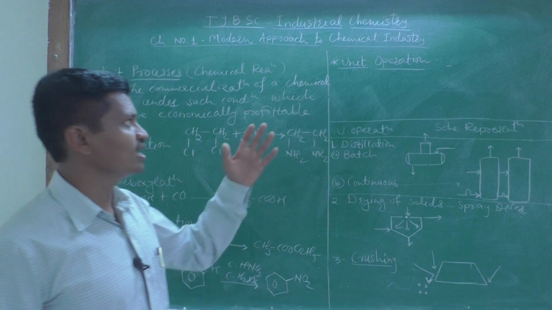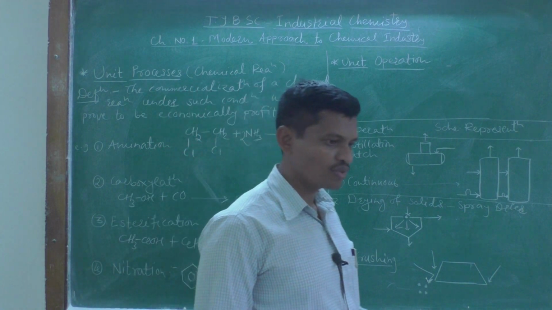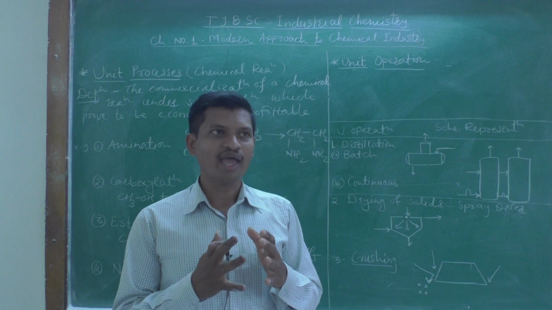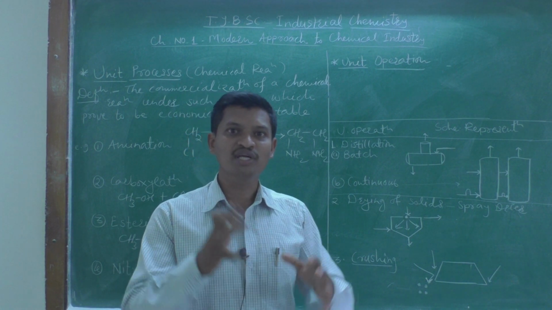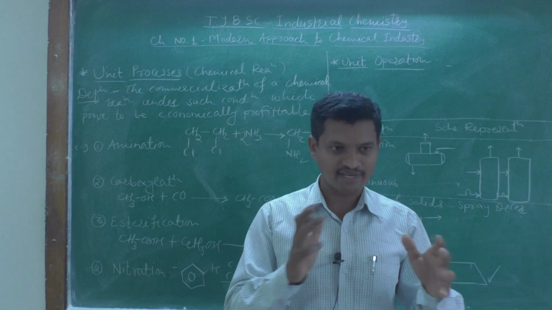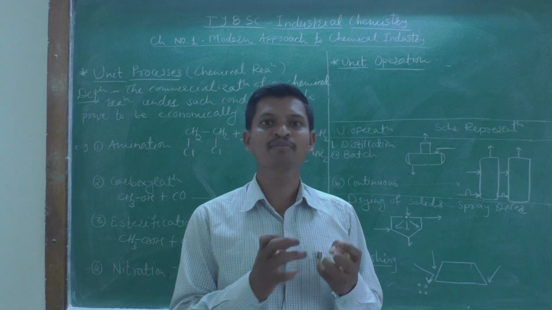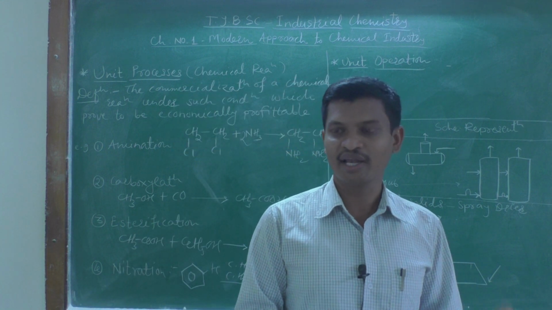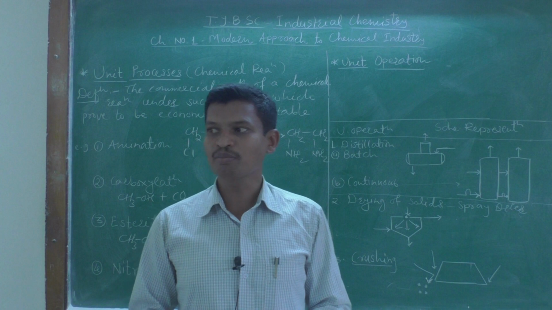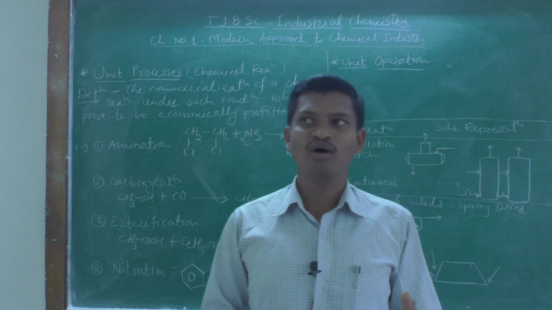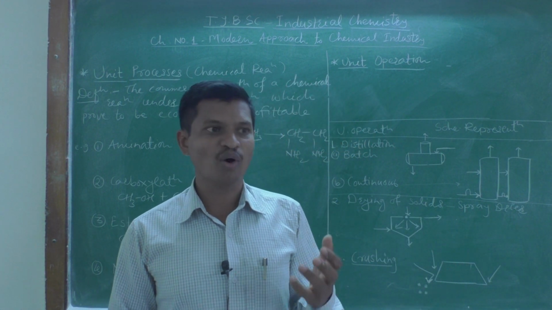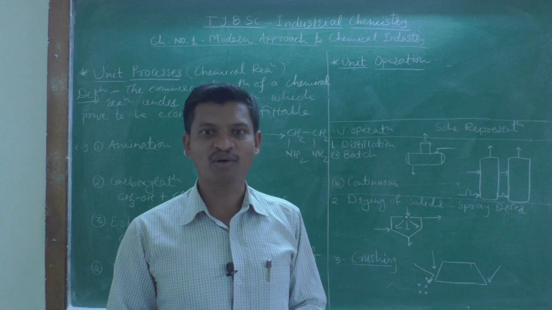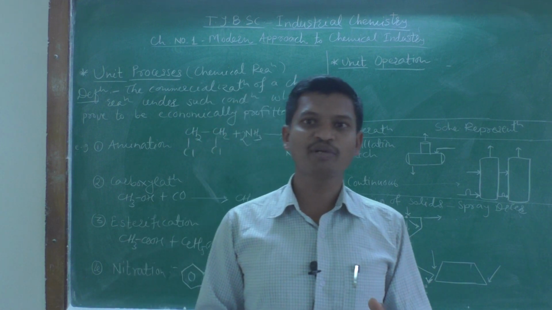Now let us see unit operation. Unit operations are the actual operations that are carried out in that chemical industry or chemical plant. Operation means there is some action which is done with the help of engineers, or engineering work is required. Some equipment or special types of instruments are used to carry out these operations, and these are called unit operations.